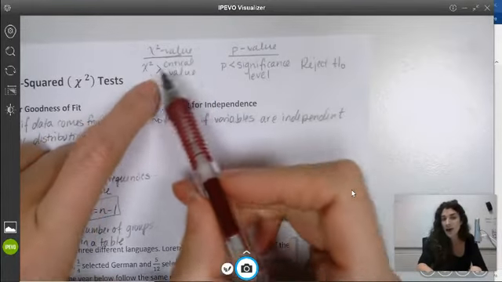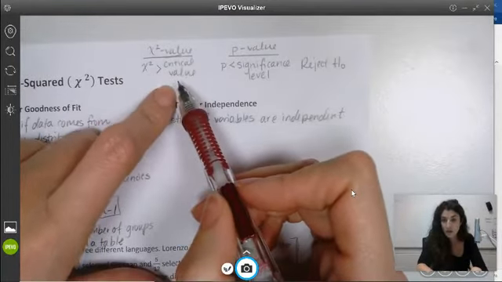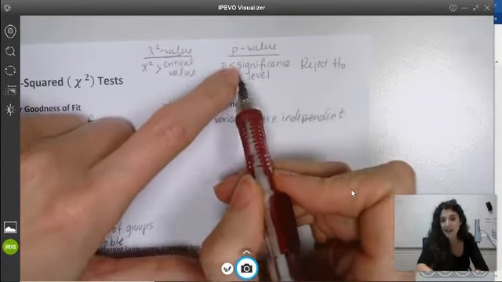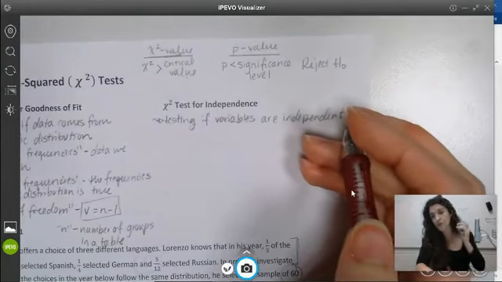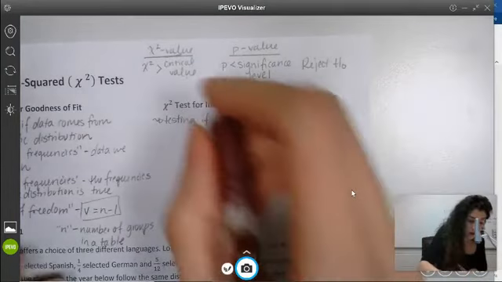So it's either your chi-squared value is greater than your critical value or your p-value is less than your significance level. Either of those would result in a rejection of your null hypothesis.